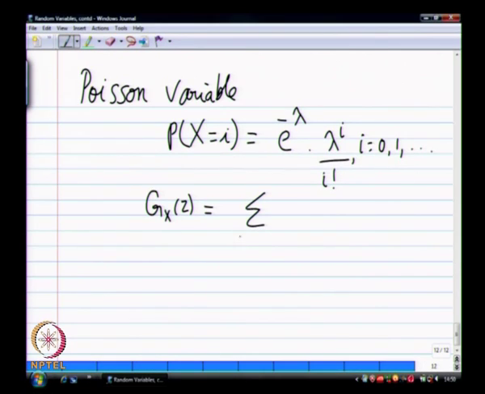Summation from 0 to infinity of e to the power minus lambda, lambda to the i divided by i factorial, and this is simply z to the i. Forget about all the d to the power ln, just simply z to the i.